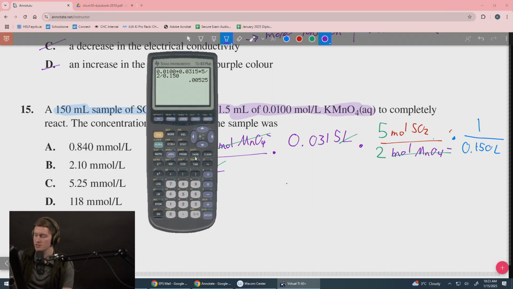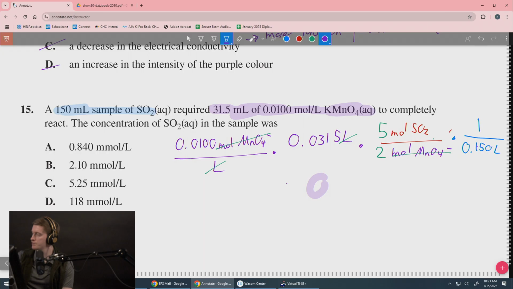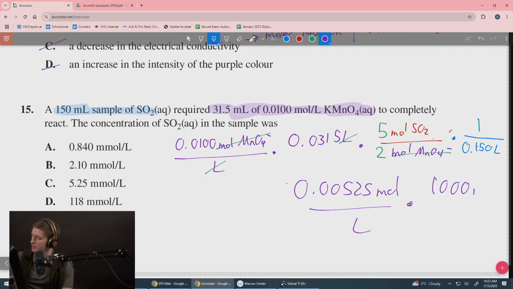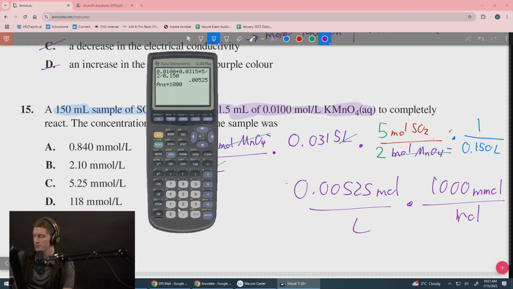So it's 0.00525. To change this to millimoles, because there's 1,000 millimoles in a mole, this is in moles per liter, so I'll just write that on the side here. This was 0.00525 moles per liter, and then I'd multiply it by the fact that I have 1,000 millimoles in a mole. And if I bring my calculator back, that will bring me to 5.25 millimoles per liter.